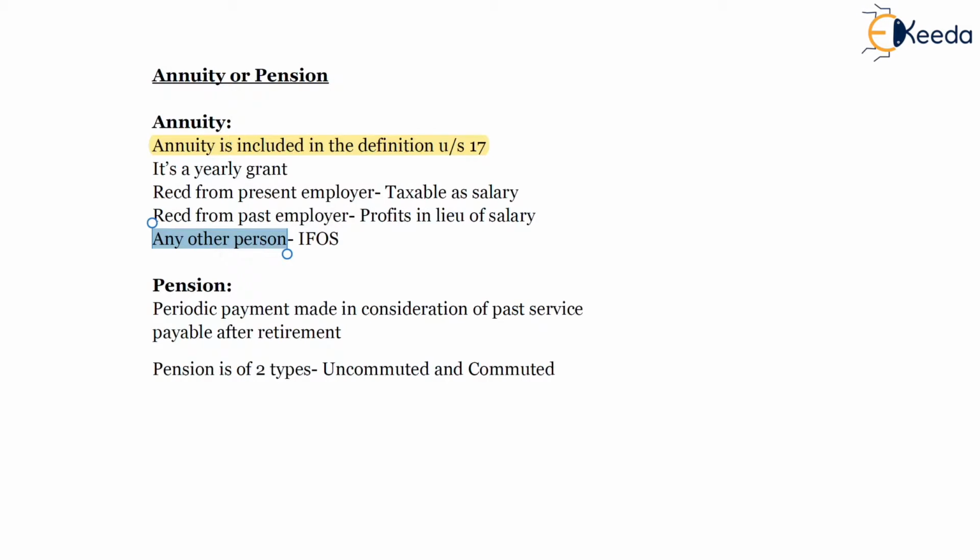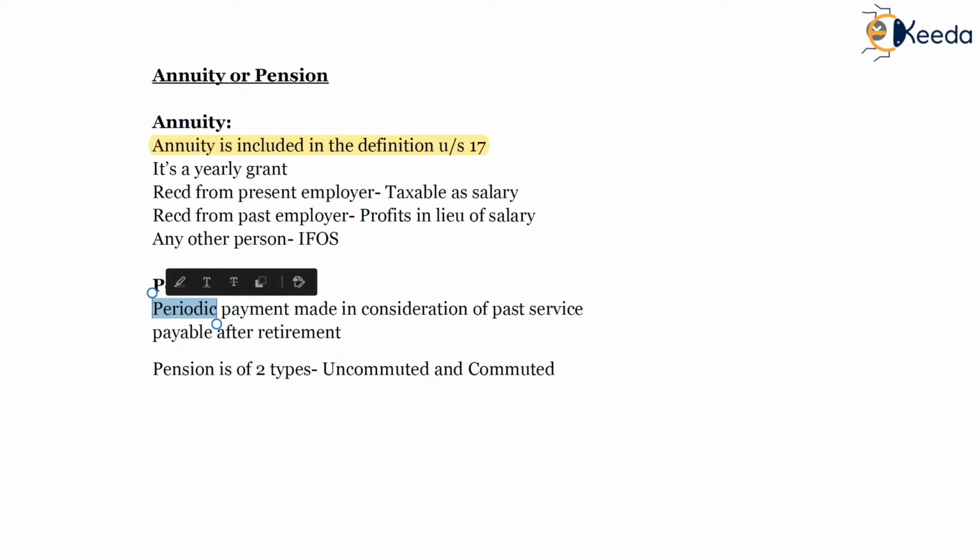Example could be annuity received from LIC. There are various annuity plans in which the amount can be received from a person other than the employer. Then in such cases, the amount will be taxable as income from other sources, right?